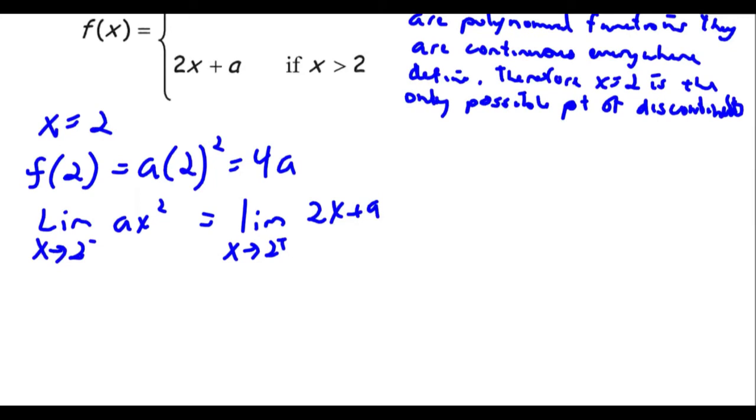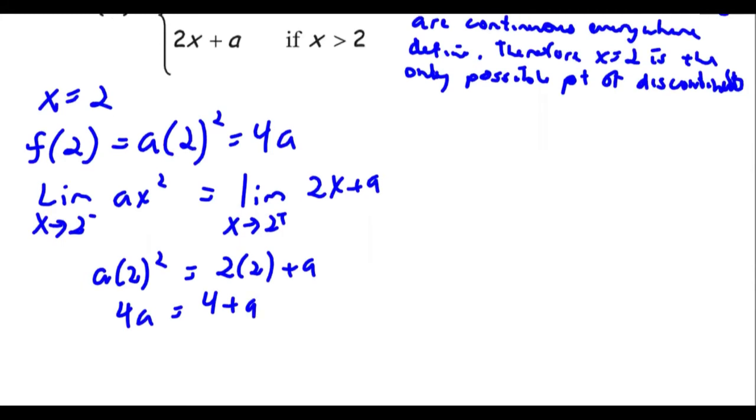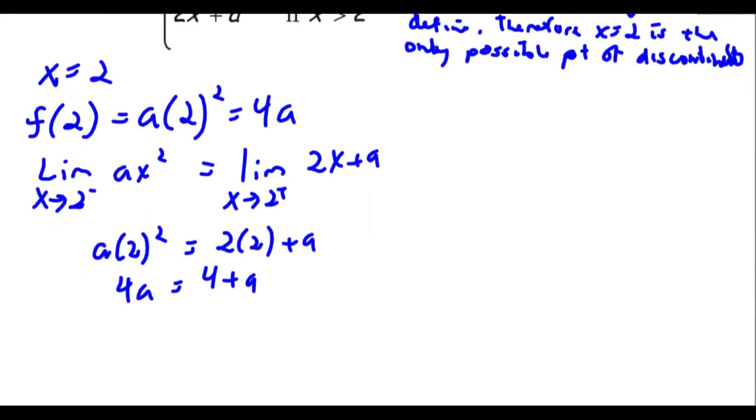All right, so direct substitution in. Replace every x with 2. So I get 4a is equal to 4 plus a. So I just solve this equation for a. What would you do to solve? Not yet. Get a's together first.